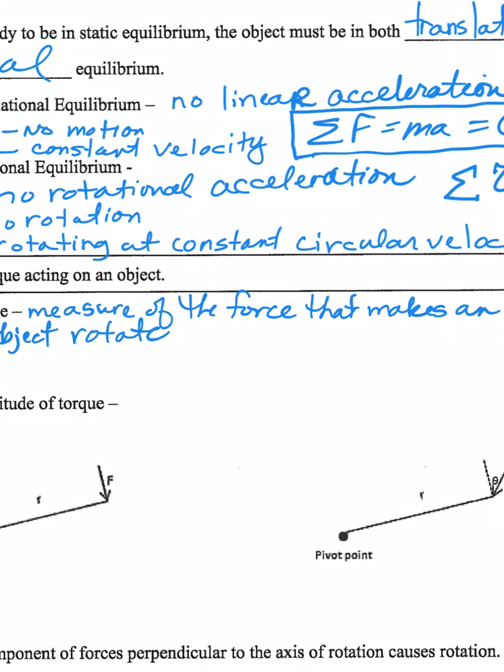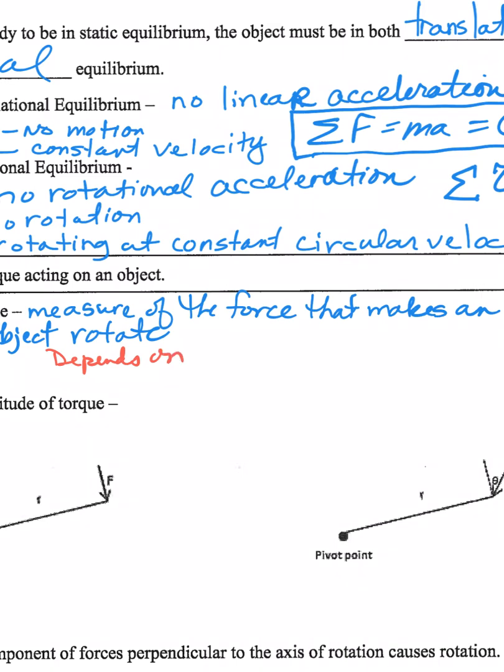So we're talking about the angle right here and the force. We're applying a force some distance away from a pivot. So this thing depends on what?